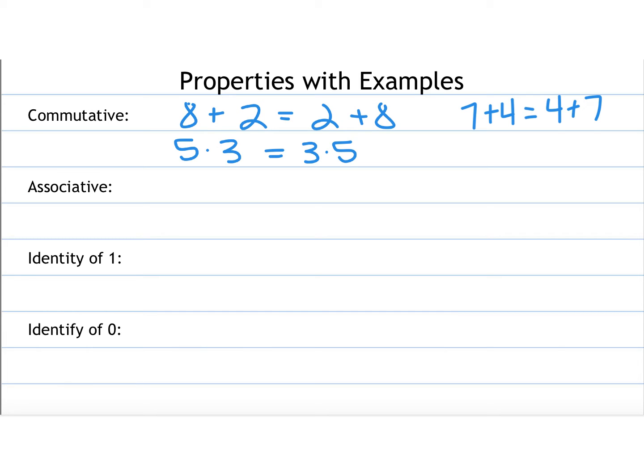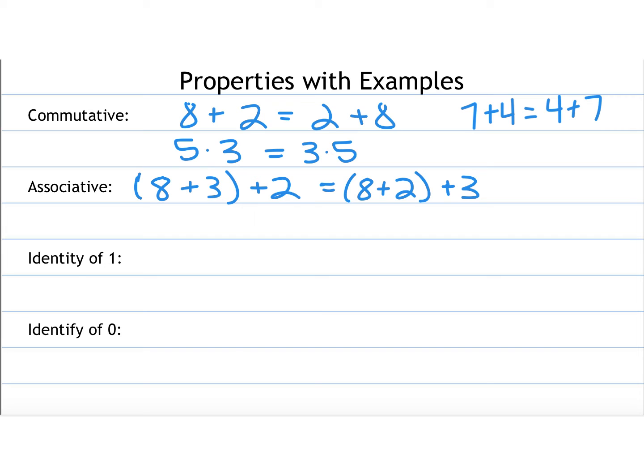Associative property: we can change how they're grouped, but either way we end up with the same answer. So if I did 8 + (3 + 2), maybe I look at that and I think it would be easier if I add the 8 and 2 first and then add the 3 after, because 8 plus 2 is 10. So I can change it, but either way I get the same answer, right?